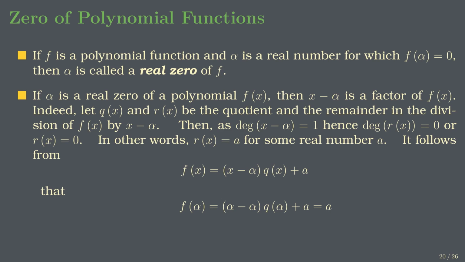On the other hand, as alpha is a zero of f(x), then f of alpha is 0. So we get that 0 is a. So this justifies the fact that if alpha is a zero of f(x), then x minus alpha is a factor of f(x). Okay.